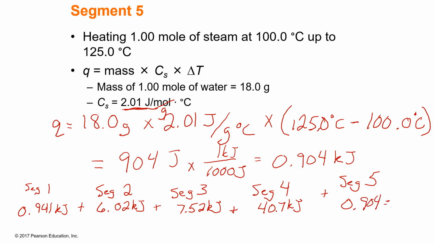So if we want to find the total amount of energy, we add up all of these segments and we see that it is 56.1 kilojoules of heat that you need to add to move water from -25 degrees Celsius to 125 degrees Celsius.